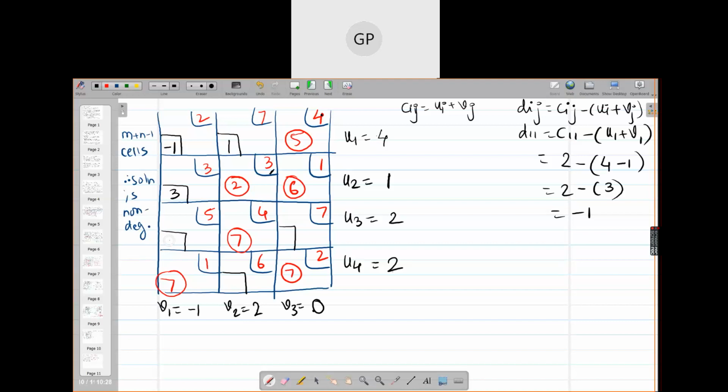D31 is 4. D33 is 5. And D42 is 2. Okay, so only one negative value is coming, right?